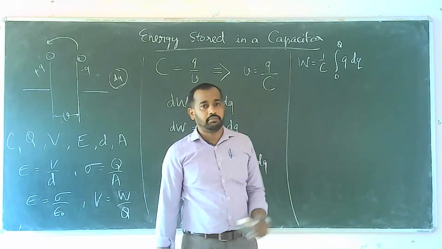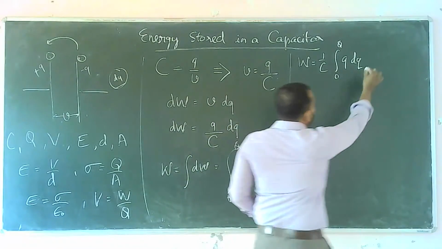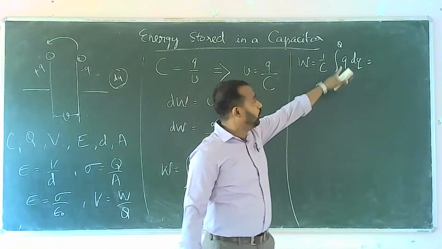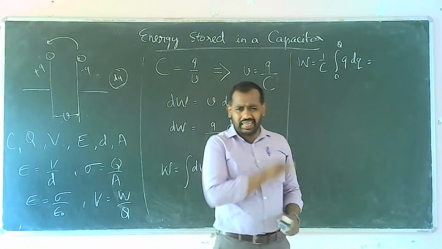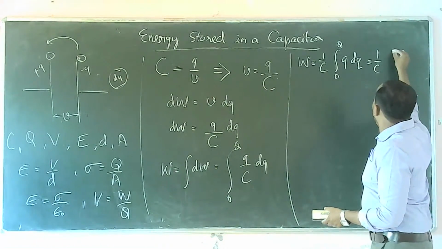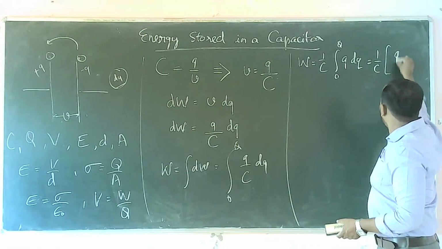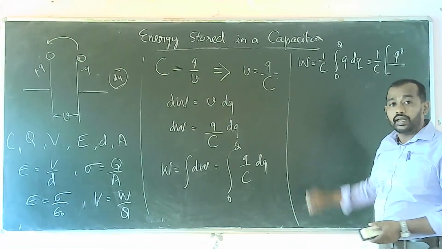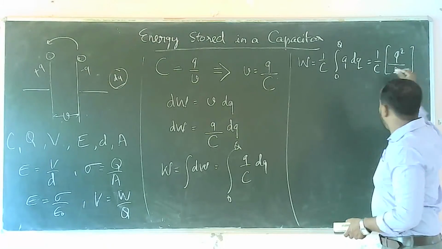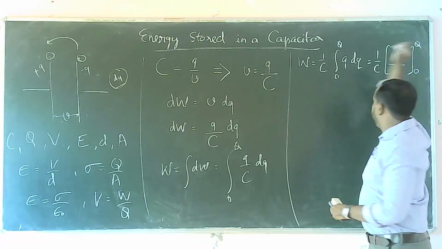So then, what happens here? Integrate it. It is q raised to 1 dq. Or simple one, so directly we can write this. So it will be equal to 1 by C into integration of this. It will be equal to q square divided by 2 between the limits, definite integral. So therefore between the limits 0 to capital Q.